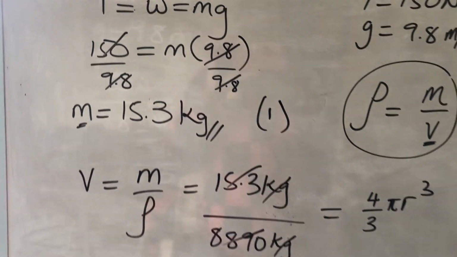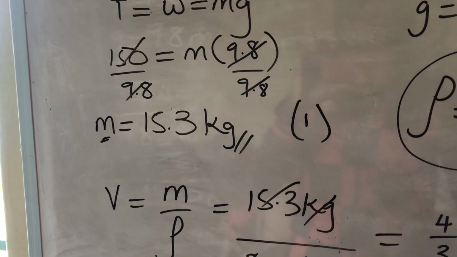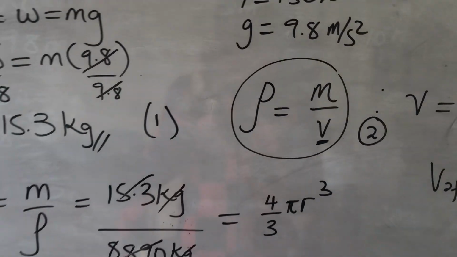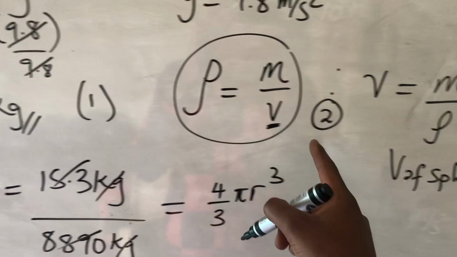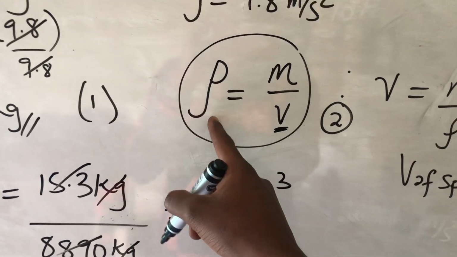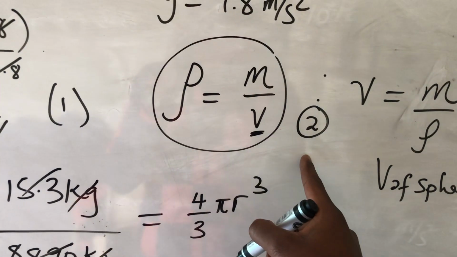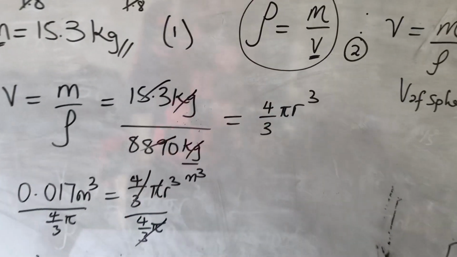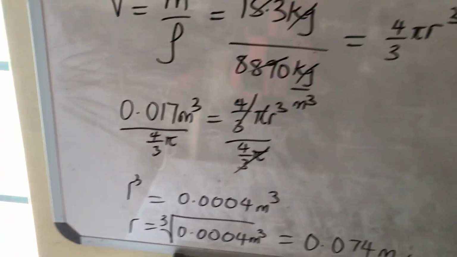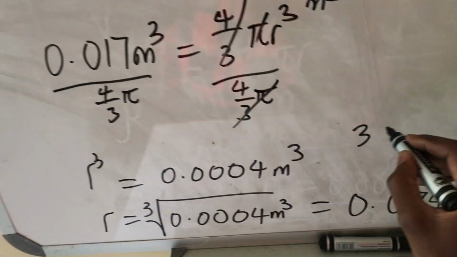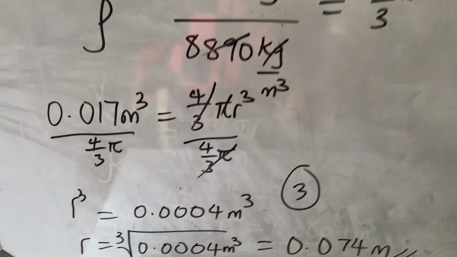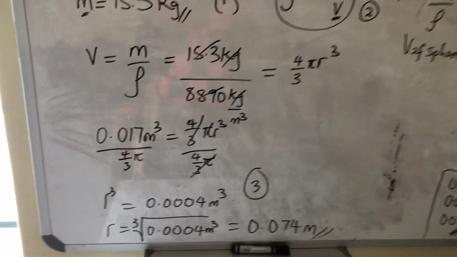That's the first stage. After getting mass, you give the relationship between density, mass, and volume. That's the second stage. And then the third stage, you have to make R the subject of the formula. As soon as you do that, you can get all your marks.